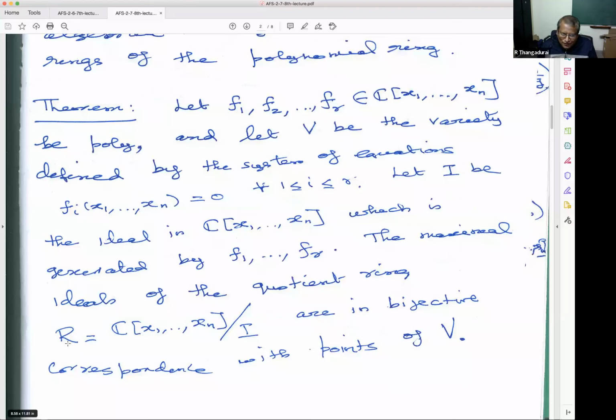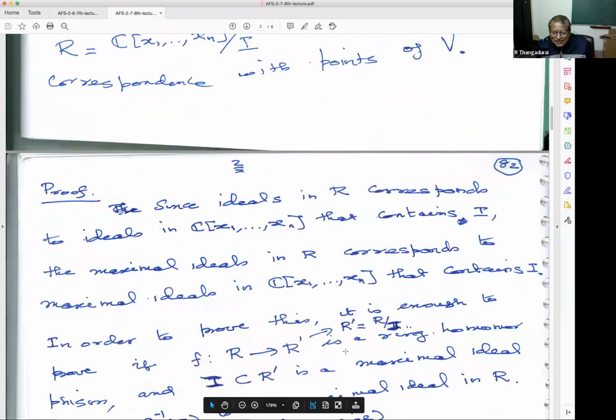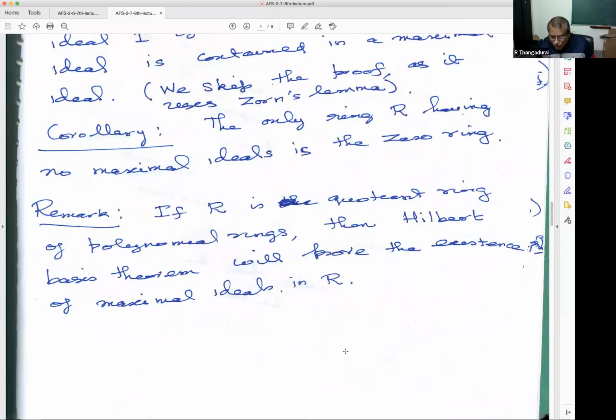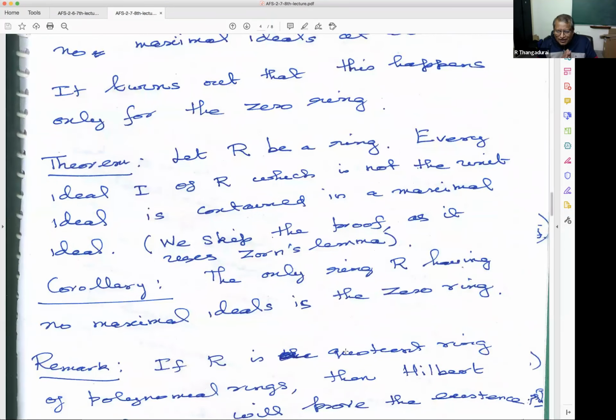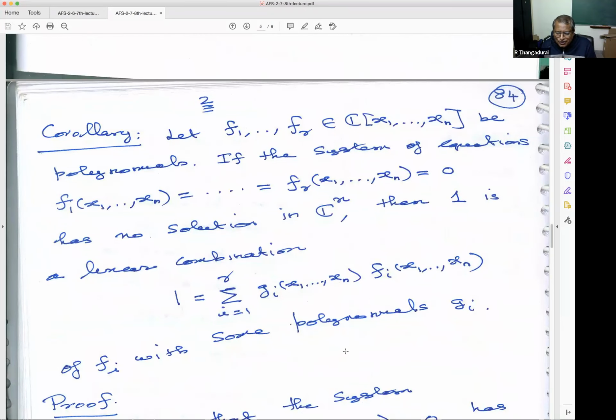If R is the 0 ring, then there is no maximal ideal, therefore there is no corresponding point here. So that is the reason we first have to check that if there is no common solution, then the ideal generated by F1, F2, ..., Fr is indeed the unit ideal.